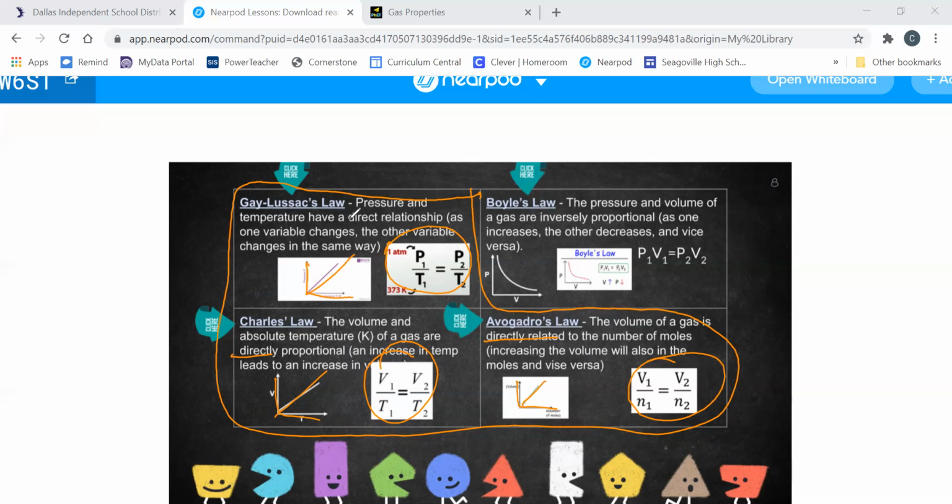So this one, Gay-Lussac's, pressure and temperature are directly proportional. Volume and temperature are directly proportional. And in this one, volume and number of moles are directly proportional.